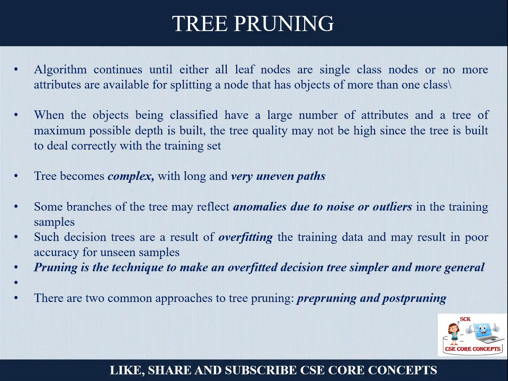Such decision trees, which are very huge and have a large number of splits and maximum depth, are called overfitting of the training data. Now when you have overfitting on the training data, the accuracy will suffer. For example, I have taught you 10 numericals, and for every one of those 10 numericals I made you practice 100 times, so you are very good at those 10 numericals.